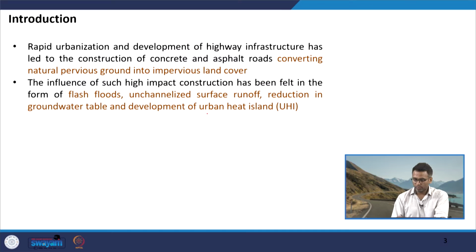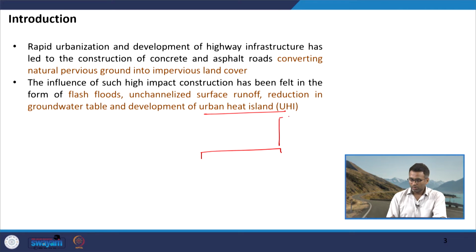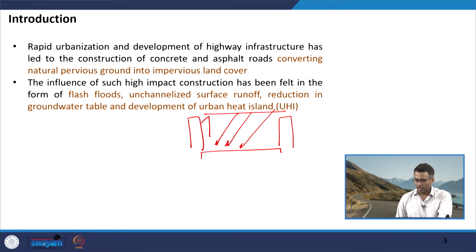So, what is basically the urban heat island? Let us say you have an impervious road here, and then in the city facilities you also have buildings, a lot of buildings, all right. So, when the sun rays come and start heating the atmosphere and the land, there is a reflection of these waves back.